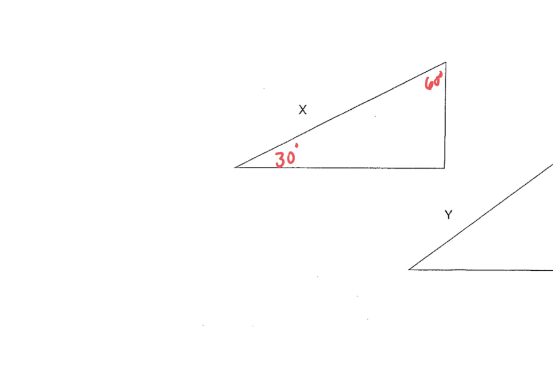We learned that a 30, 60, 90 triangle has the Pythagorean triple that we use, that is 1, square root of 3, 2, right? So you have to remember the fact that the 1 goes opposite the 30-degree angle. The square root of 3 is longer, so obviously it has to go on the side opposite the 60-degree angle. And then our hypotenuse is 2.